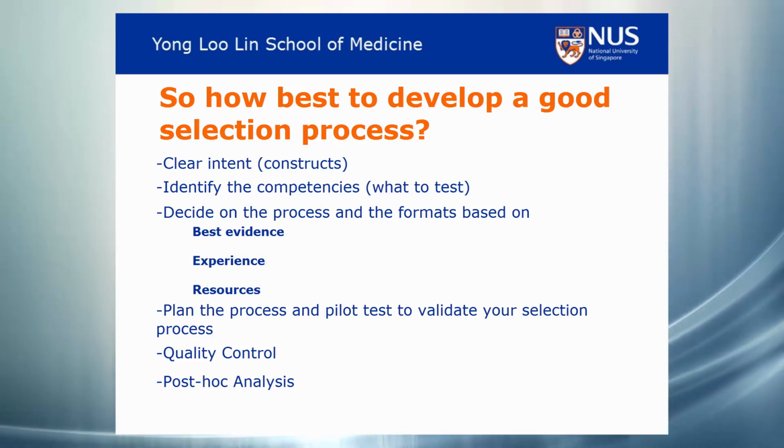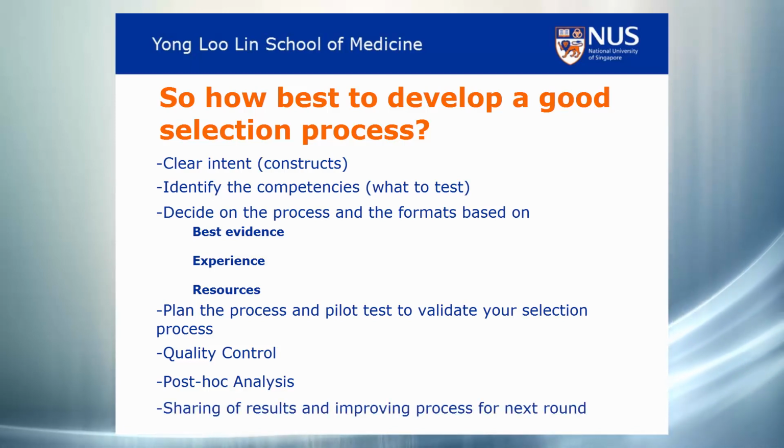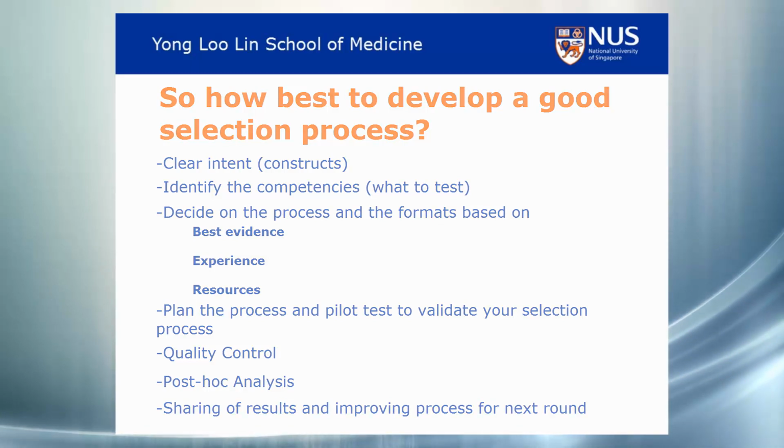We are not analyzing how well the selection process went, what the strengths and limitations are, and what the results are. Based on that, we need to share these results and improve this process for the next round.